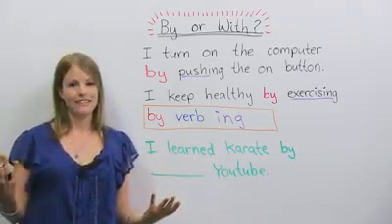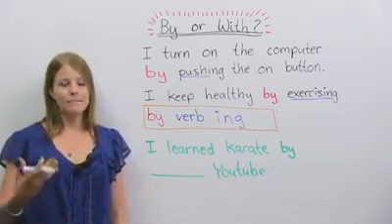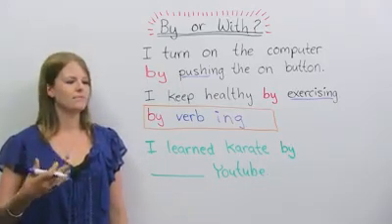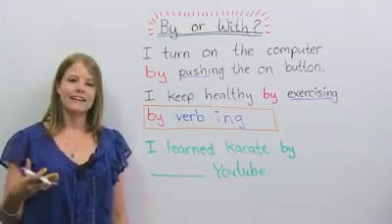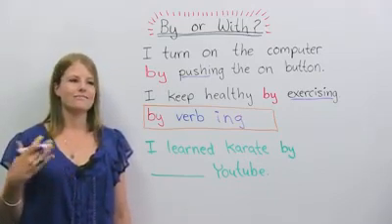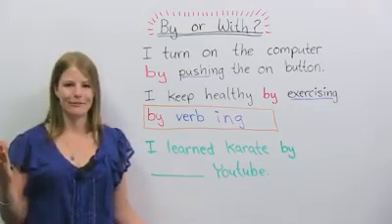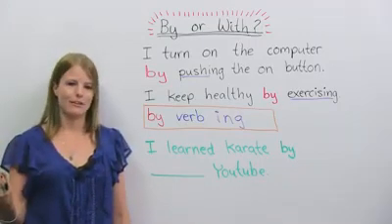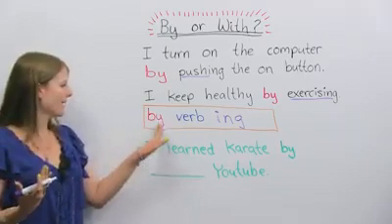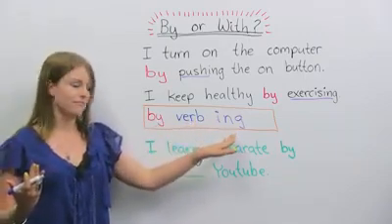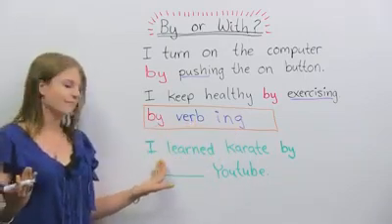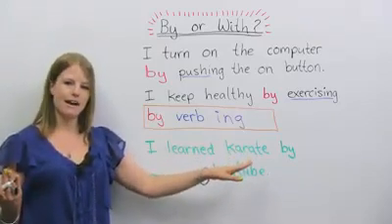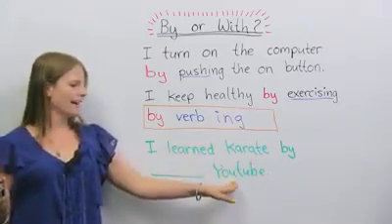How do you keep clean? I keep clean by showering. How do you study? I study by, not hanging out with my friends. That would be terrible for studying. I study by reading over my notes. Okay, so after by, we have the verb and ing. So let's do one together. I learned karate by, and I have here YouTube.